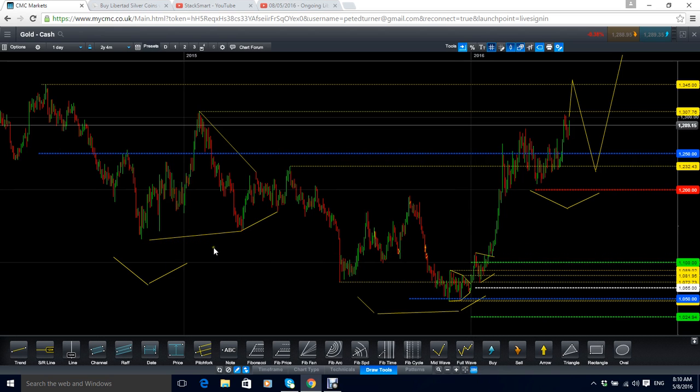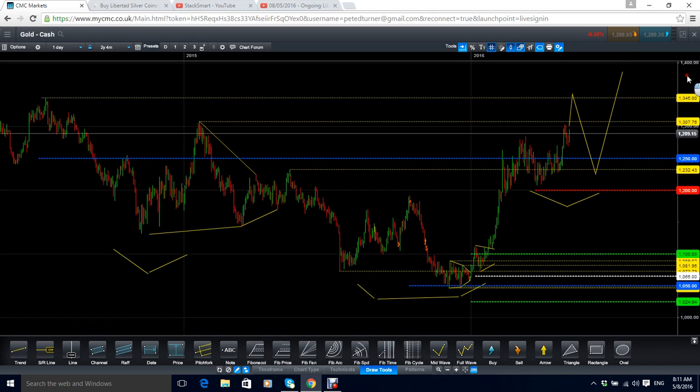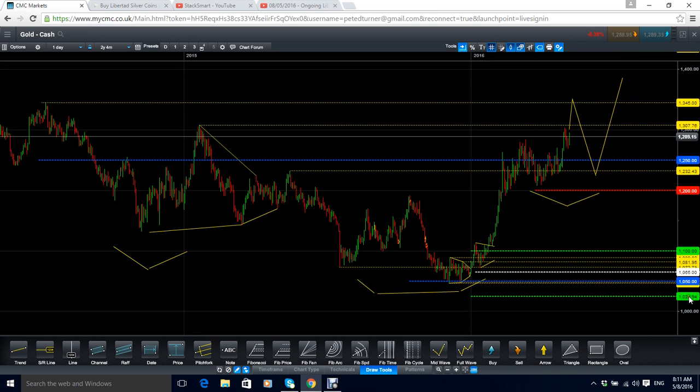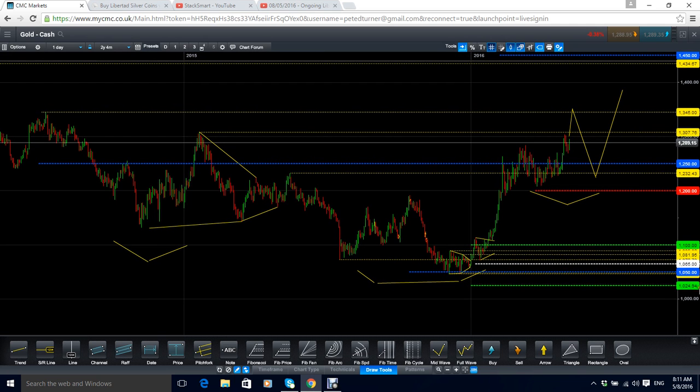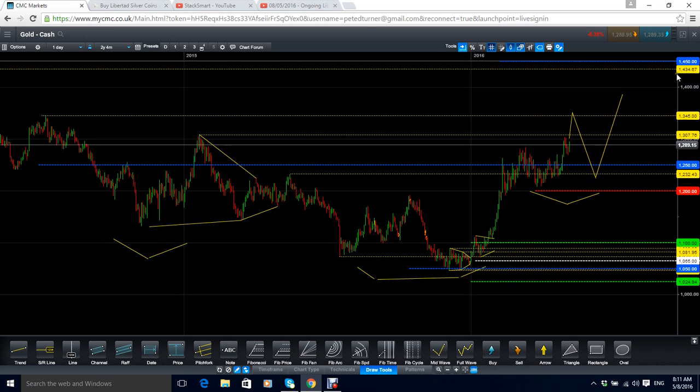Okay, so we've got a head at 1050, we've got a shoulder line, I always choose the round number, at 1250, so that projects the price to 1450. I think we might retest this 1200, so I think we might do a retest here and then continue with the rally.